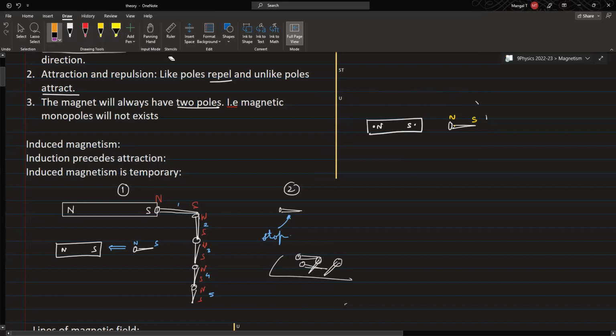This acquired property is called induced magnetism.